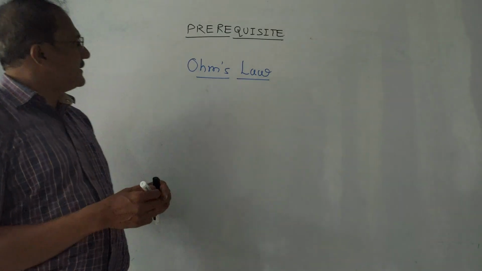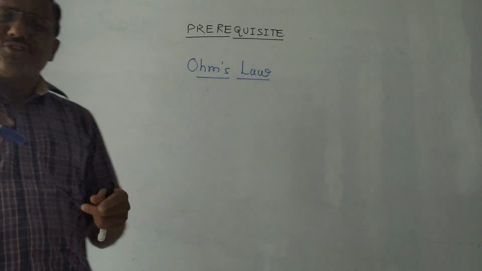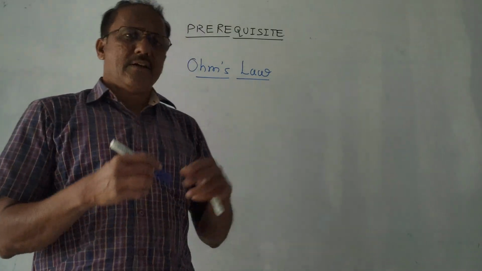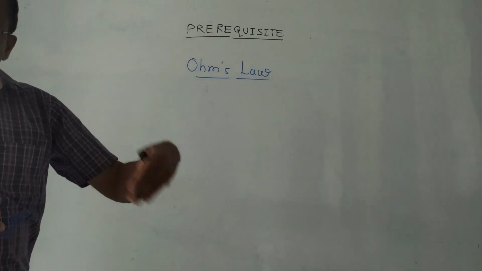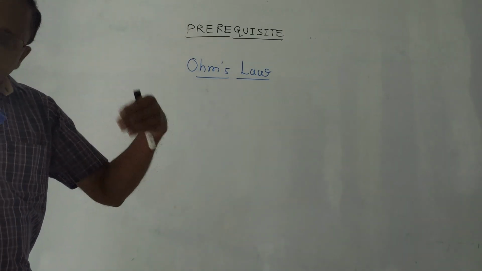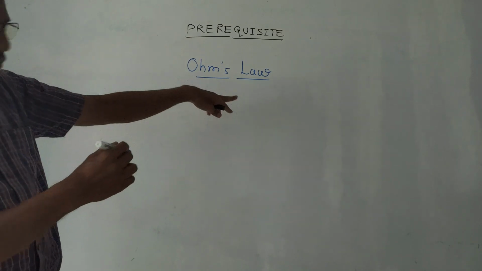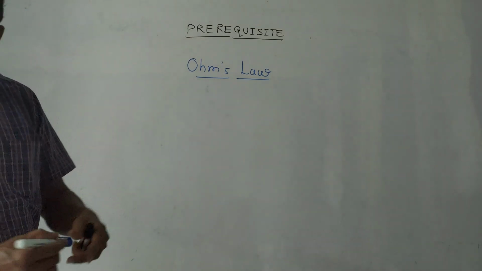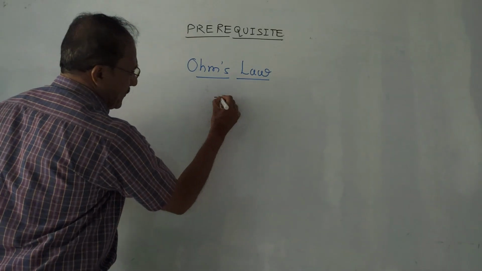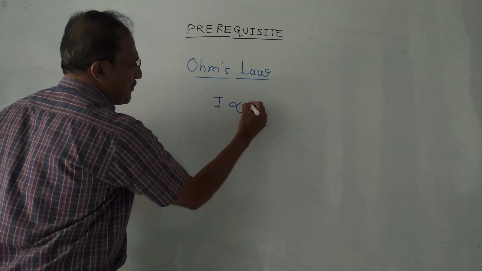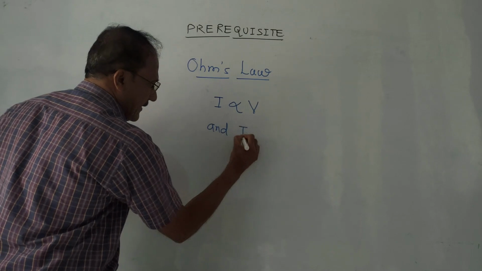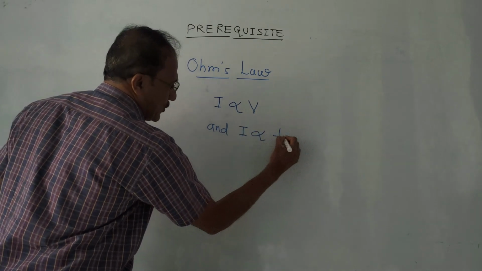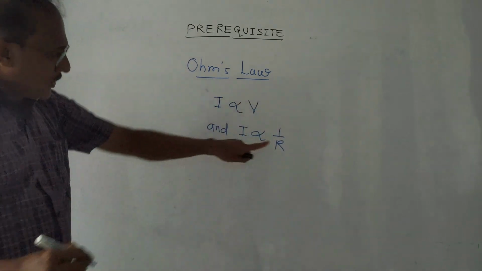Next part is the concept of Ohm's law. You might have studied it in earlier subjects. Let us brush up this concept. If we are talking about the flow of current, then the statement of Ohm's law is that, at a constant temperature, the current flowing is directly proportional to voltage, and this current is inversely proportional to resistance.